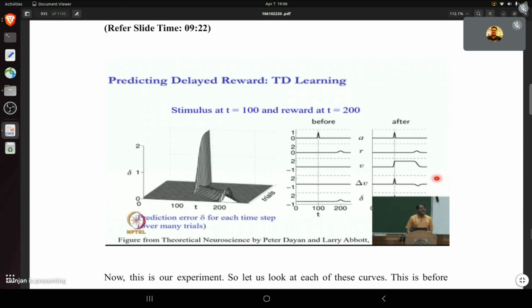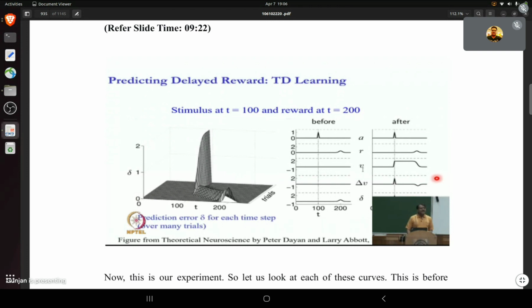What is delta V? How did you get this delta V? Delta V is the differentiation of V. What is V?